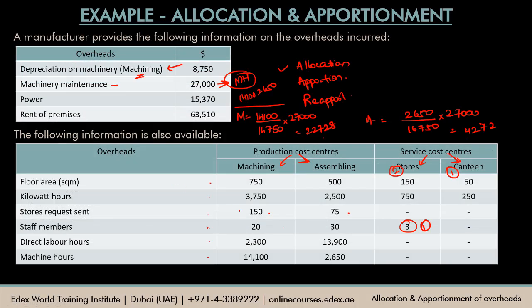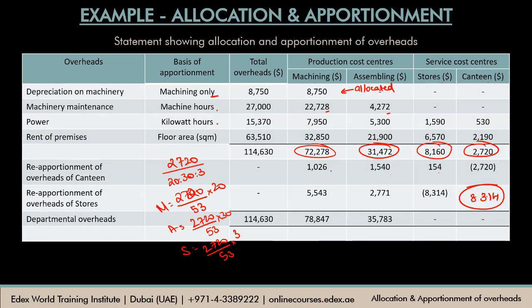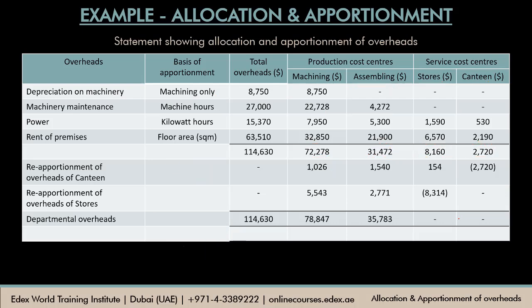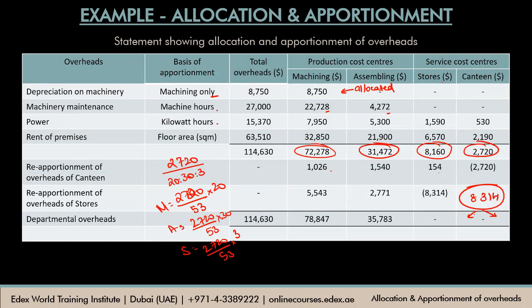If I go back to the information here, the stores request sent. Whichever department sends higher stores requests, obviously they will have to bear higher stores cost. So 8314 will be distributed in the ratio 150 is to 75. And that's how this 8314 is transferred to the two departments in that ratio, 150 is to 75.